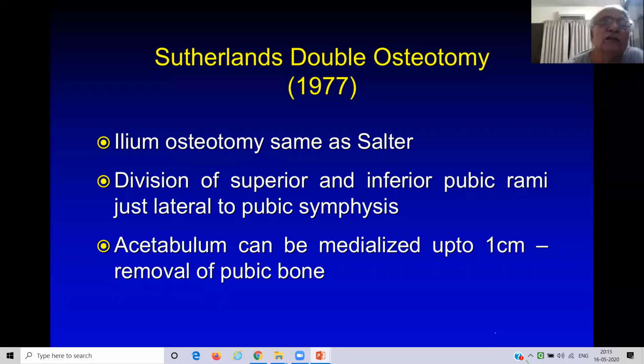But now we are going to divide the anterior and inferior pubic rami just lateral to the symphysis, 2 centimeter lateral to the symphysis. So we are making the acetabulum almost like a separate fragment now. Acetabulum can be medialized up to 1 centimeter by removing some of the pubis. So we try and remove a bit of a segment of pubis and ischial part, and then we can medialize them.